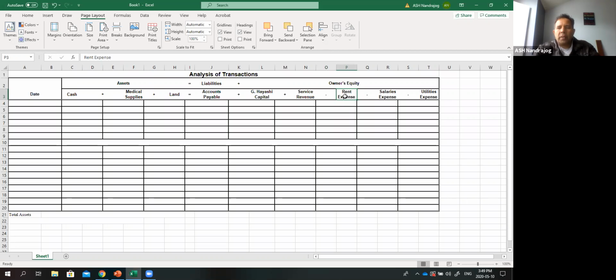The higher the expenses, the lower will be the ending owner's equity. Similarly, we have the salaries expense and the utilities expense. Remember that when we are making the transactions, eventually the assets would have to equal the total of liabilities plus owner's equity. Okay, now let's look at the transactions.